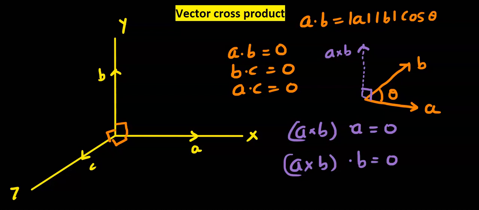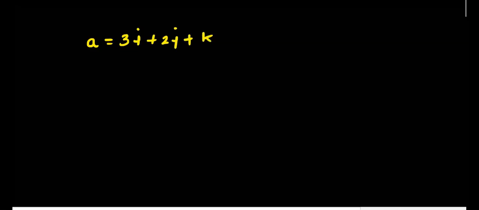Now we are going to find the unit vector in the direction of A cross B. So what is a unit vector? Suppose vector A is 3i plus 2j plus k, and you need to find its unit vector.